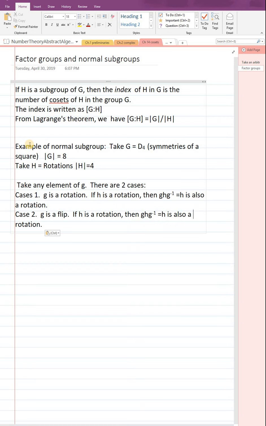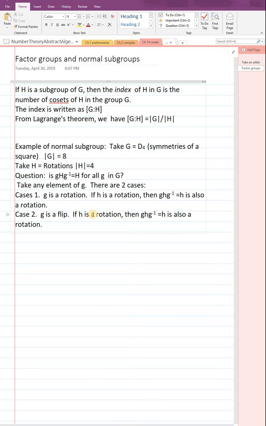The definition of normal is that we're looking for the question: is GHG inverse in H for all G in G. That's the question. You choose a specific G, and then you check all rotations to see if it's still a rotation.